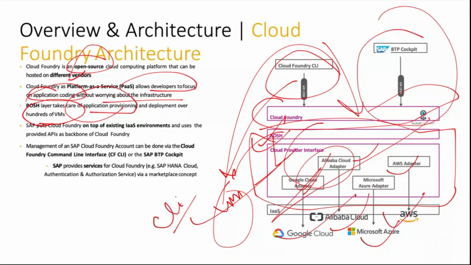If I have to create a service key, I have to go and create it manually. Similarly, if I have to create any service, I have to go to the service marketplace, choose the service, and create it from here, which is a manual step, of course.